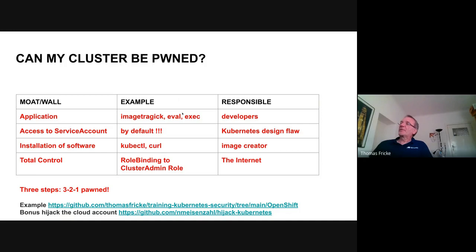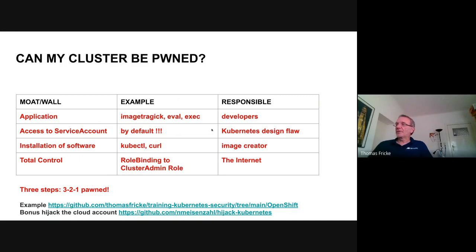So who's responsible for that? Every developer or many developers from time to time make mistakes. So it can always happen that one of your applications is vulnerable and you can have a vulnerability. And then this must be covered by the other layers.